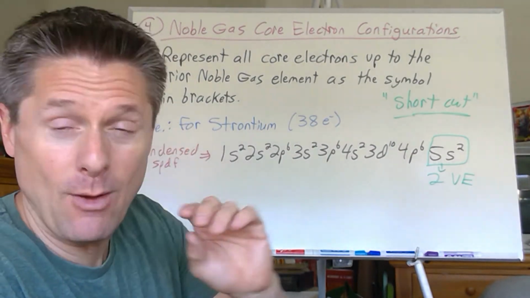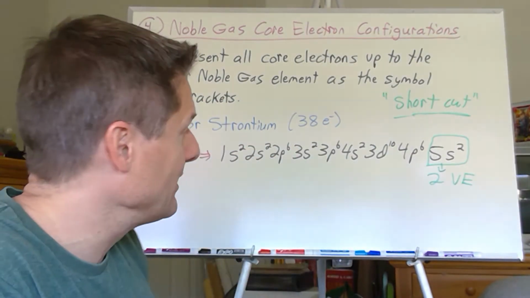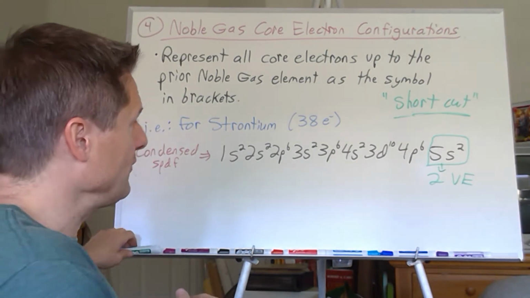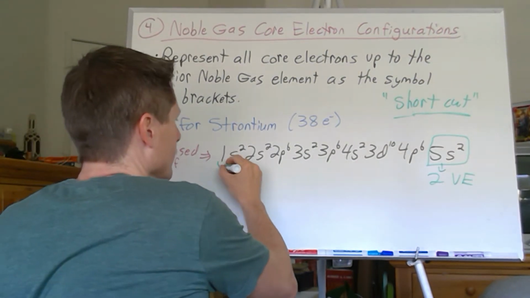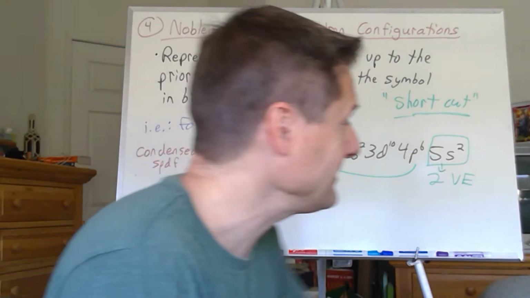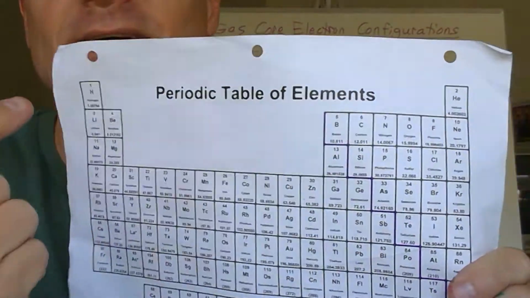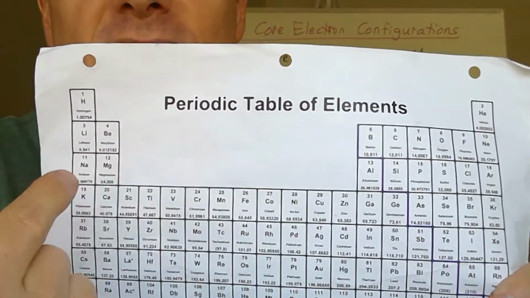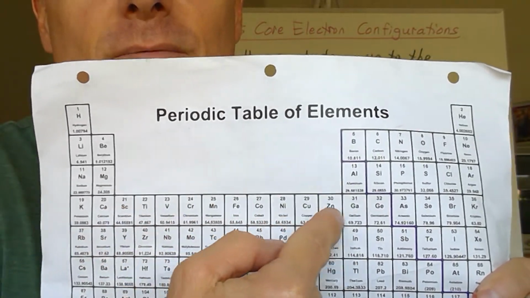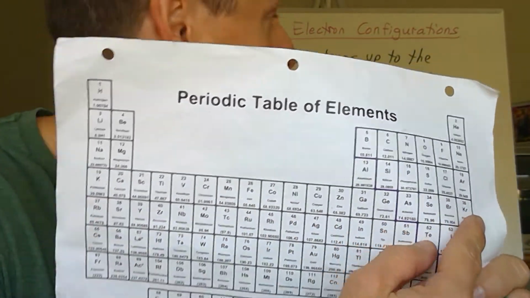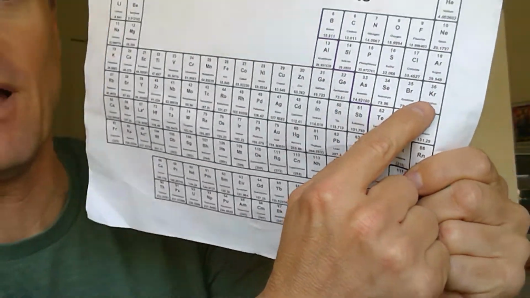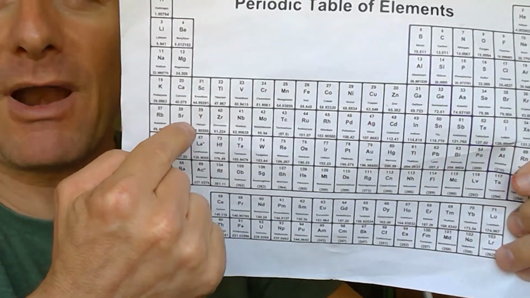And if we did the orbital box diagram, we would see 1 up and 1 down, and their magnetic fields would cancel out. But would you also agree that that whole mess up to 4p6, so the 1s2, 2s2, 2p6, 3s2, 3p6, 4s2, 3d10, 4p6, that would be krypton, wouldn't it? Do you see that? That's krypton. That's the noble gas prior to strontium.